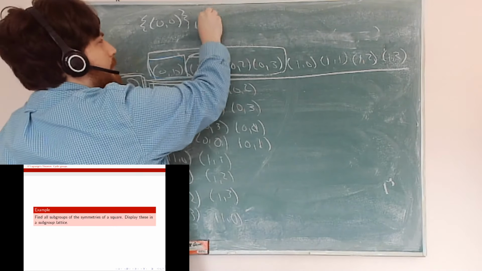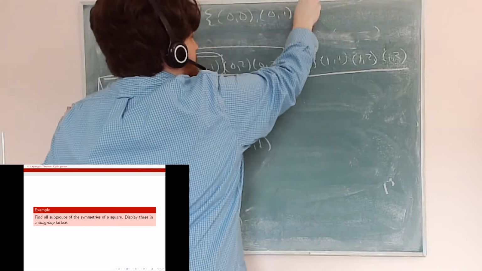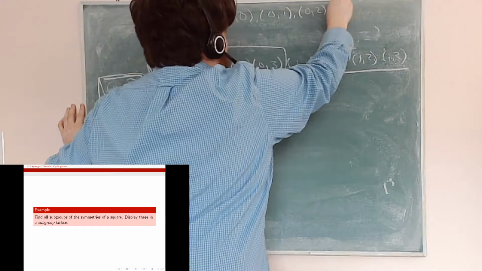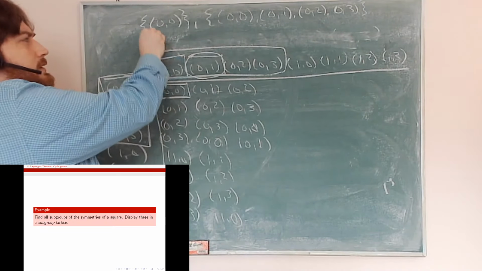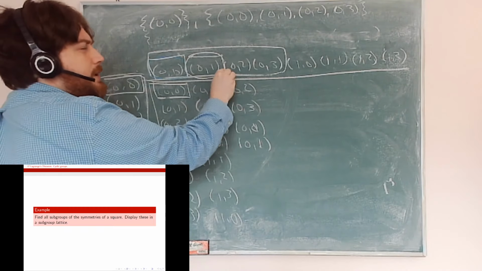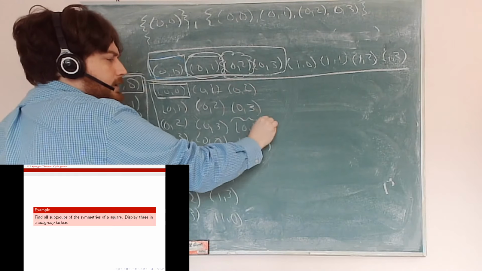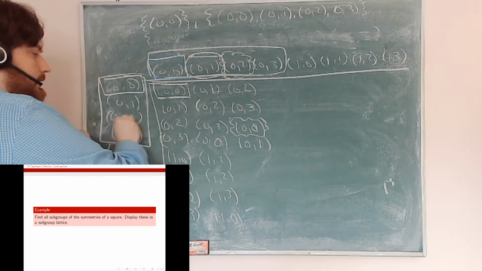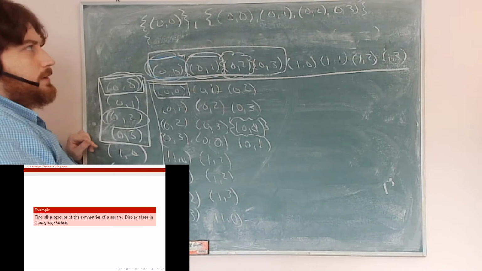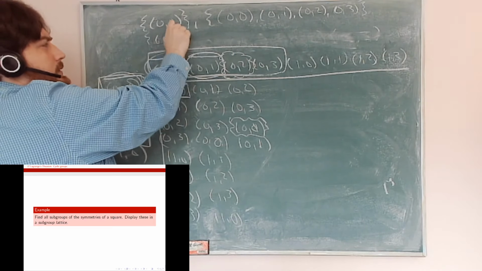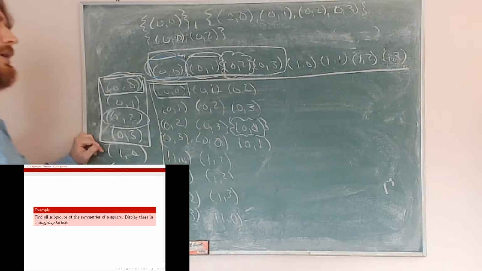So another group is 0,0, 0,1, 0,2, 0,3. How about the group generated by 0,2? Well, if I add that together, I get 0,0. So actually, this set, 0,0 and 0,2, is closed. So 0,0 and 0,2 would be another group.